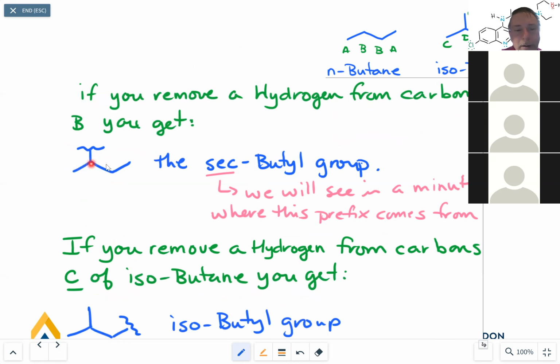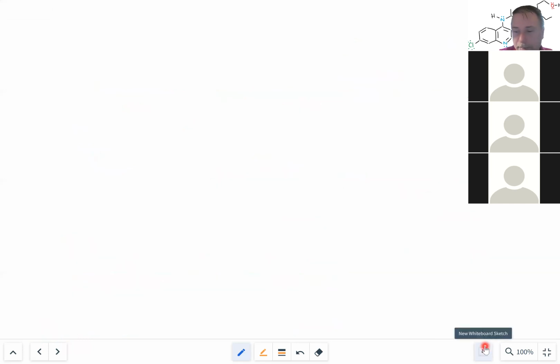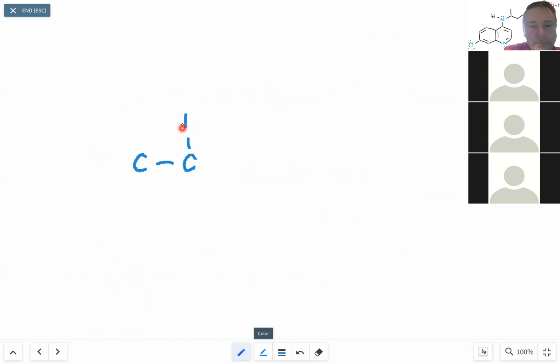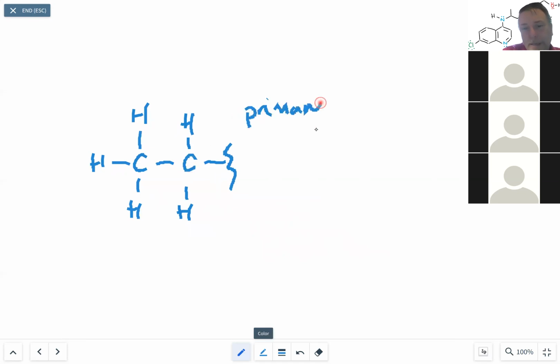We call this the sec-butyl group. And where does this come from? Let's just draw this out quickly. If you've got a carbon that is only bonded to 1 carbon, like this carbon, bonded to some other atom here, not carbon, we would call this carbon a primary carbon because it's only bonded to one carbon.